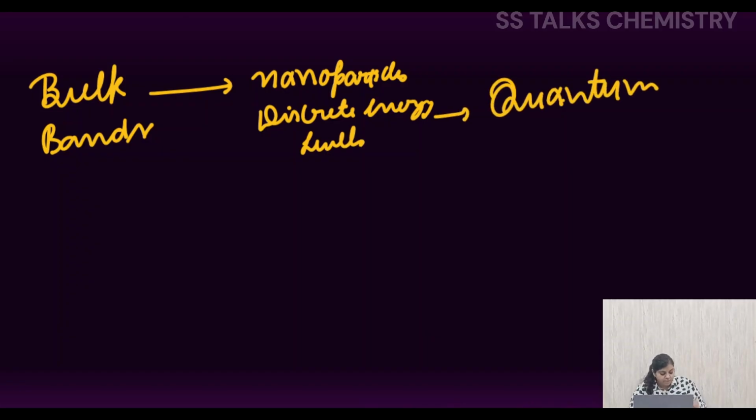So basically from the bulk, that is the classical, you can say, we are shifting to the quantum. That is why they are called quantum dots, or quantum wells, or quantum wires.